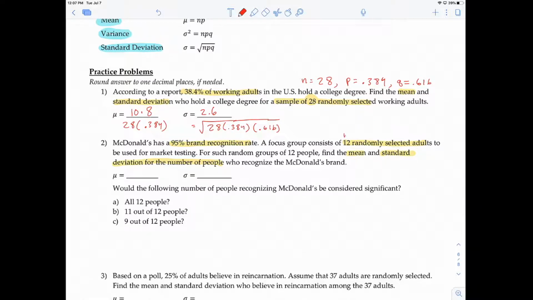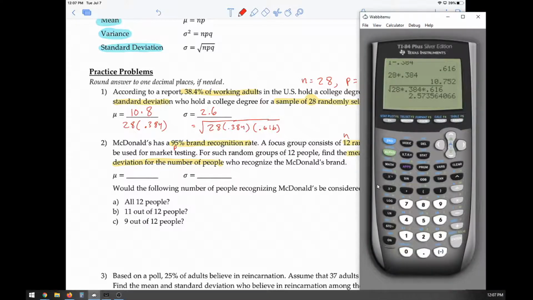All right. So same thing, right? n in this case is 12. p is 0.95, right? We're going to change this percentage into a decimal. And then q is just 1 minus p. For the mean, we know that's equal to n times p, so that's going to be 12 times 0.95, which gives us 11.4.